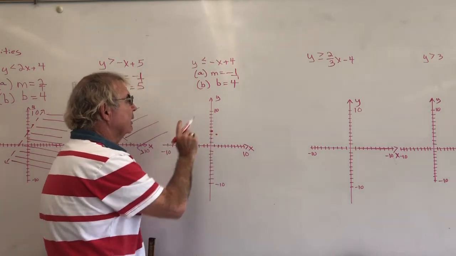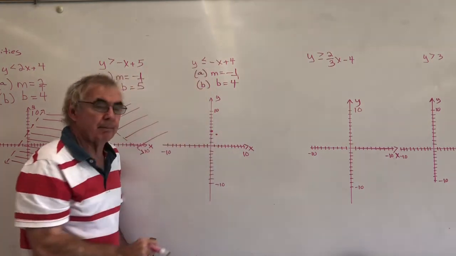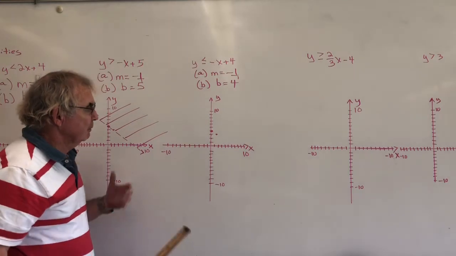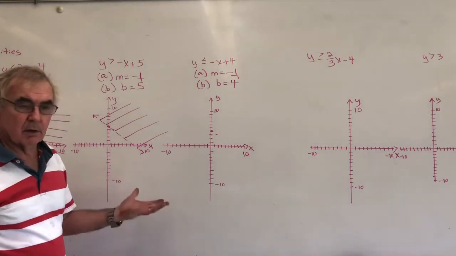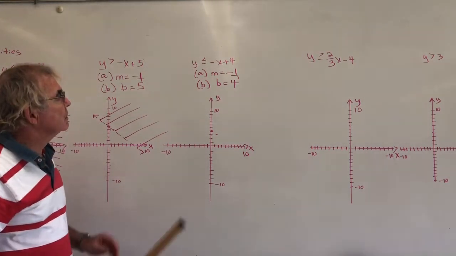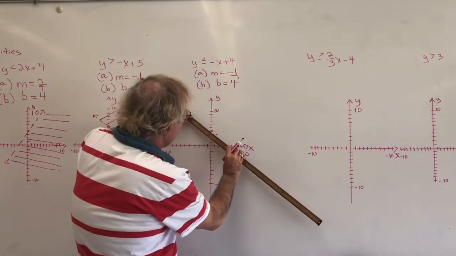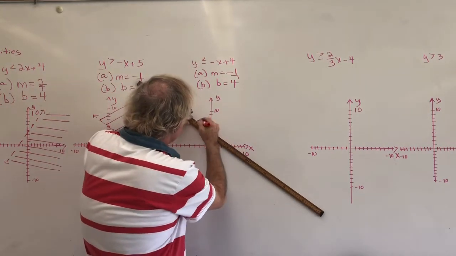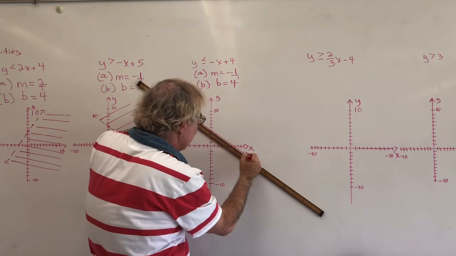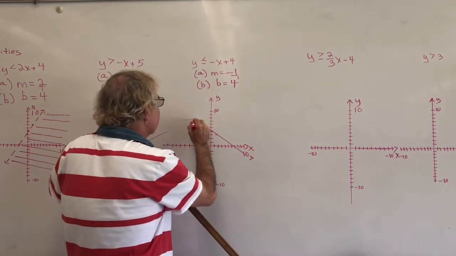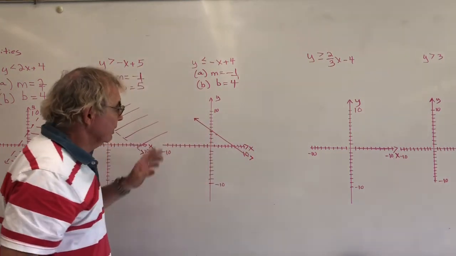But now it's equal to. So when you graph a line that's equal to, you use a solid line. So we have to draw a solid line. Now make sure it's solid.